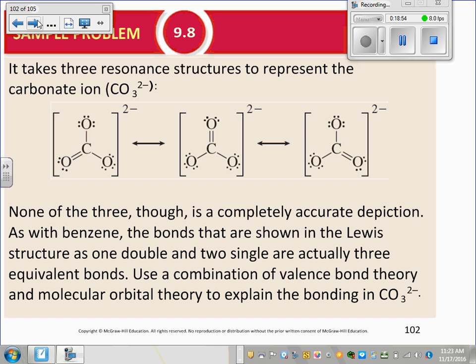Way back when we were doing VSEPR diagrams, we did the carbonate anion. I remember we had 3 resonance structures. That's how we showed it. So if we're going to use combinations of valence bond theory and hybridization theory, let's see if I can draw this here. We have CO3, I'm not going to draw the unpaired electrons. What is the hybridization around the carbon?